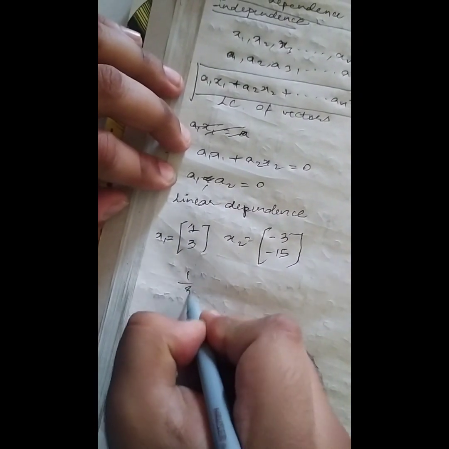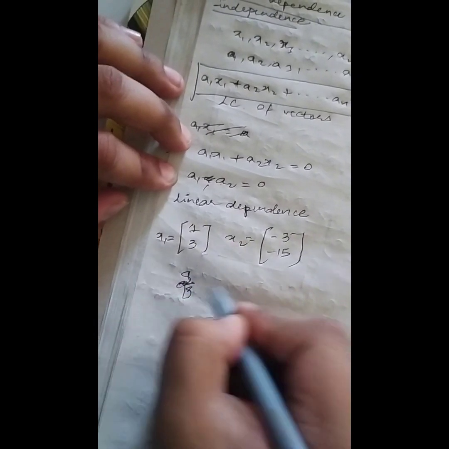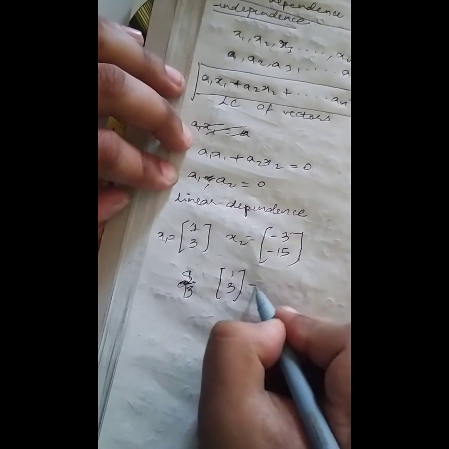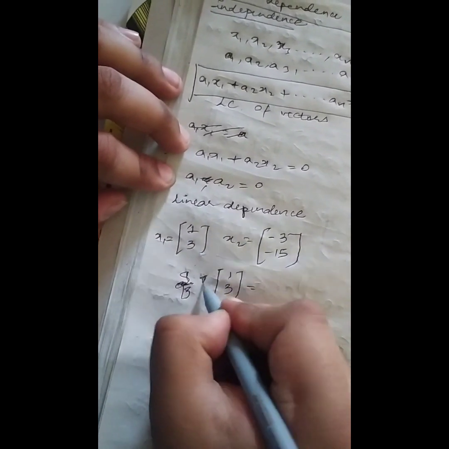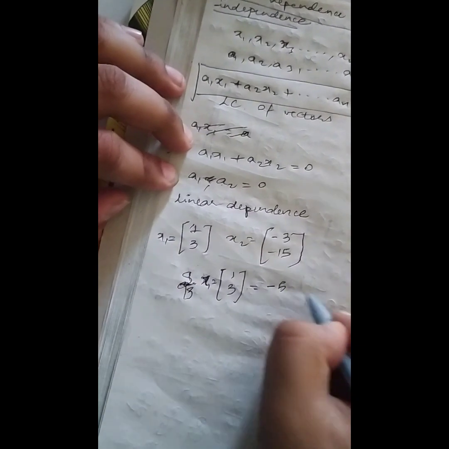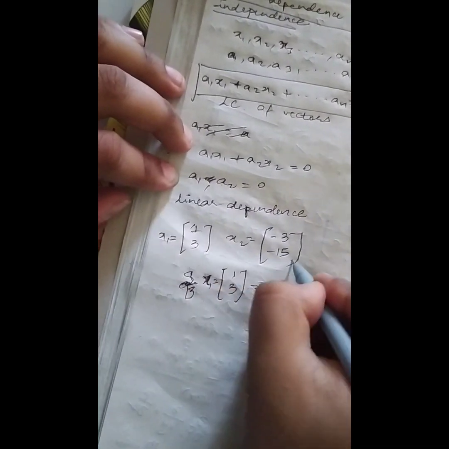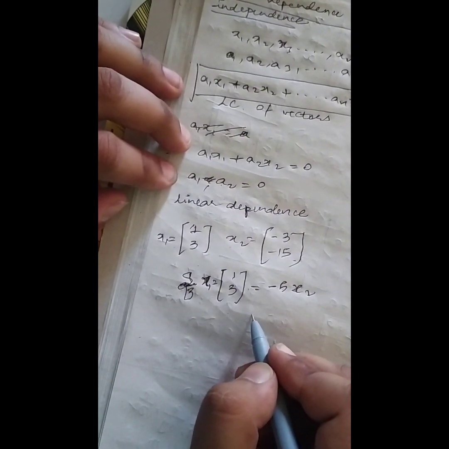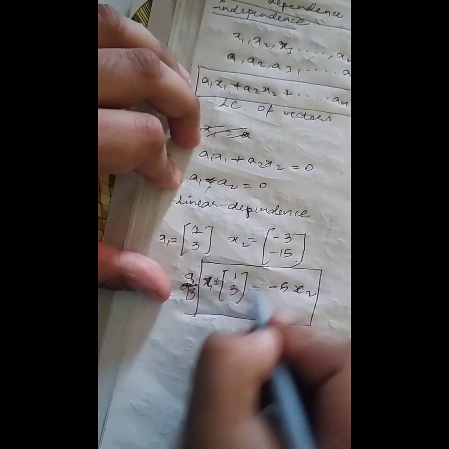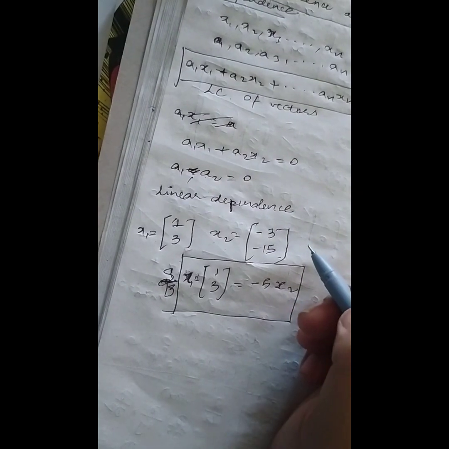So x1, which is (1, 3), can be written as minus 1/5 of x2. If such a relation is satisfied, it is a linear dependent equation.